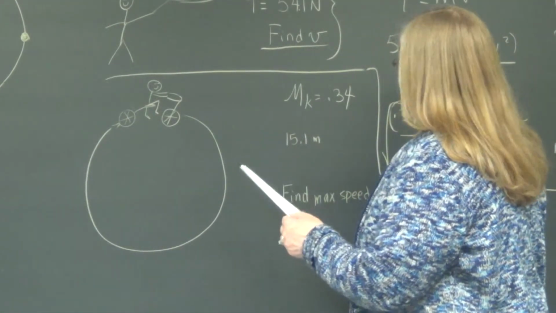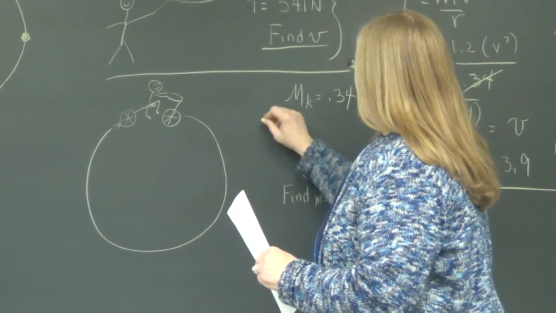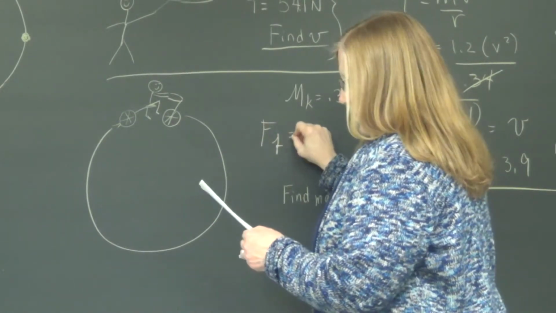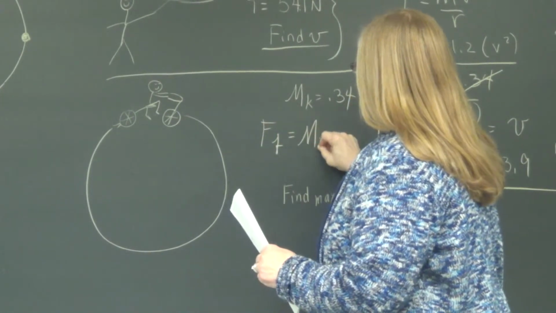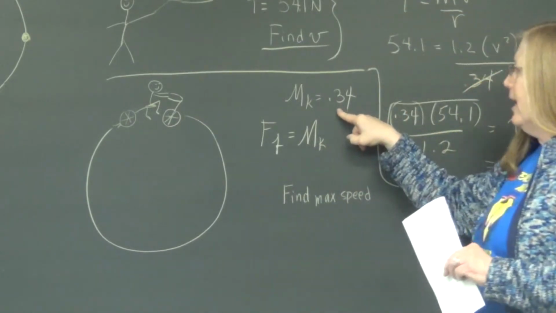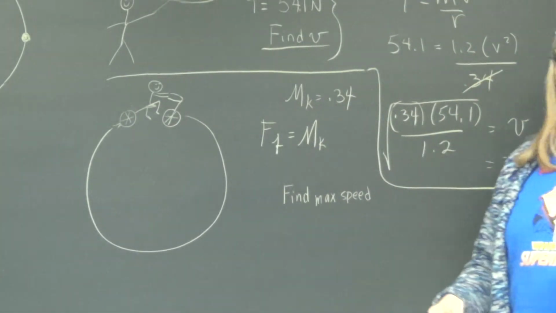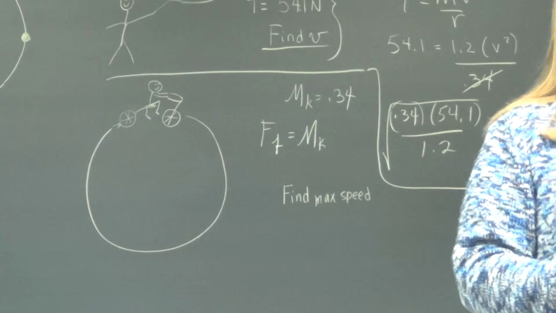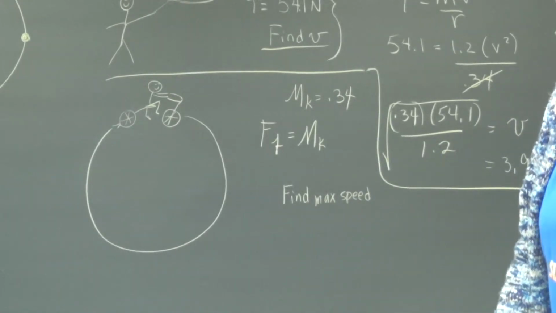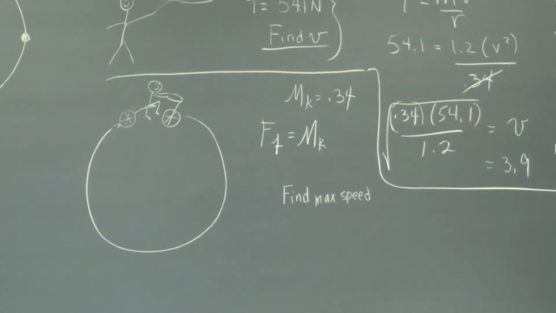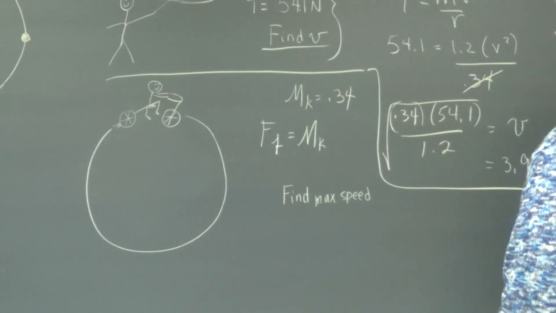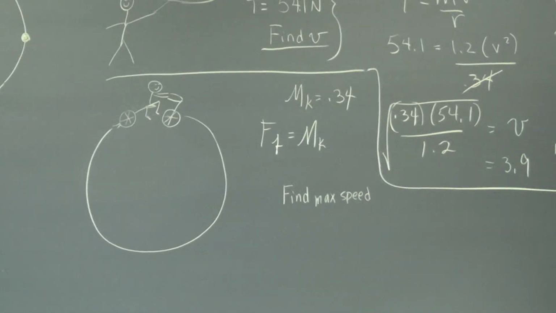The force of friction is MK times mg. MK is a coefficient that is given to us, and it rates the friction between any two surfaces.